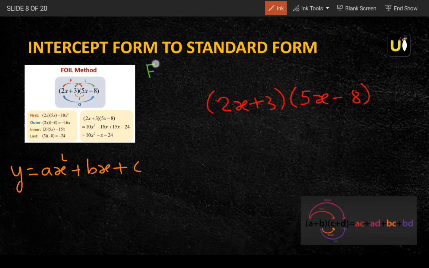What is the FOIL method? So these 2x and 5x are the first terms. The first term in this factor is 2x and in this factor is 5x.